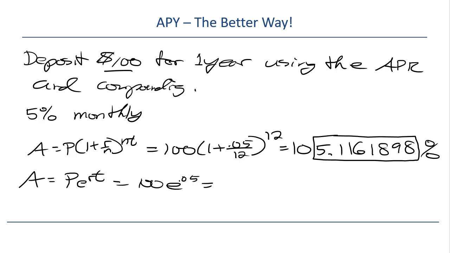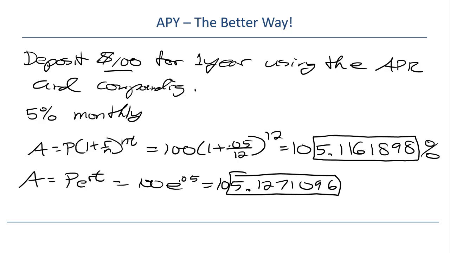Plug this into your calculator, and you get 105.1271096. You round to however many decimal places they want you to round, because that right there is your APY percent increase for continuous compounding now at 5%.